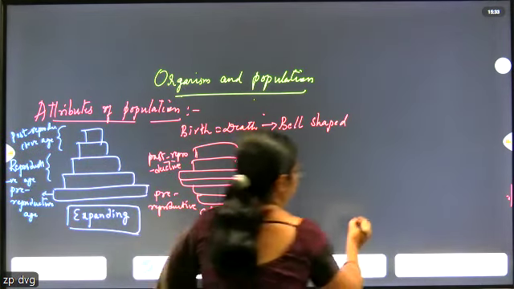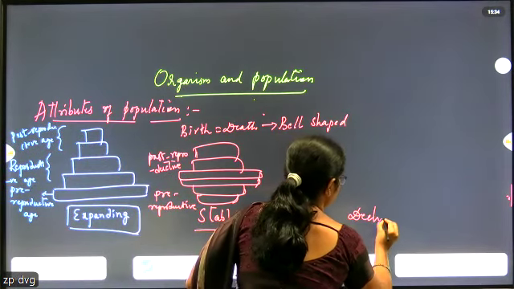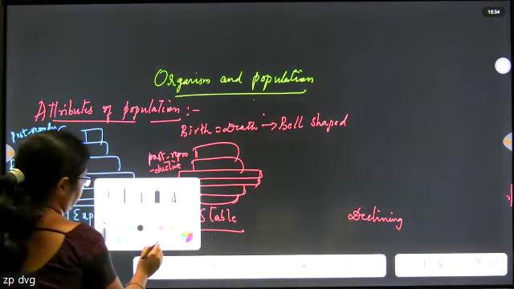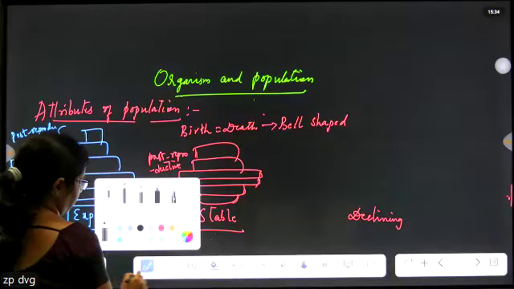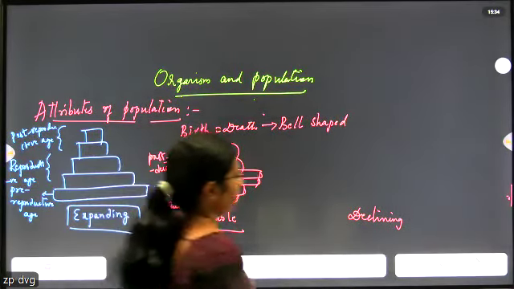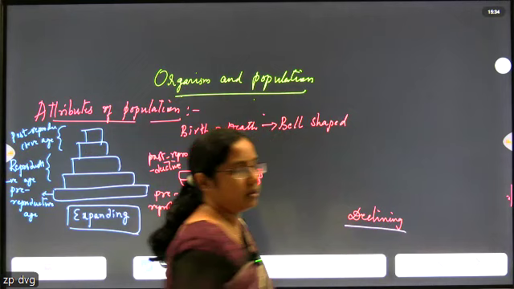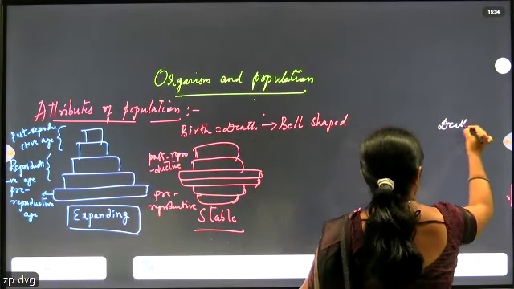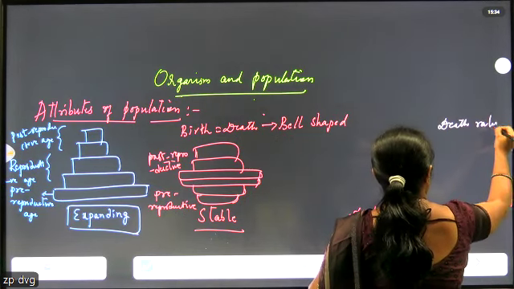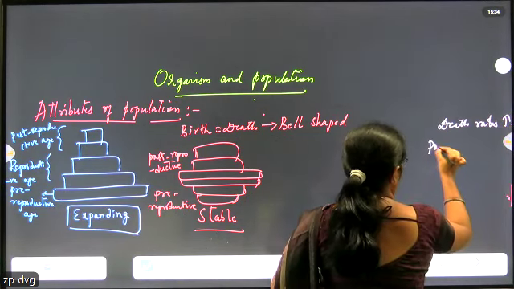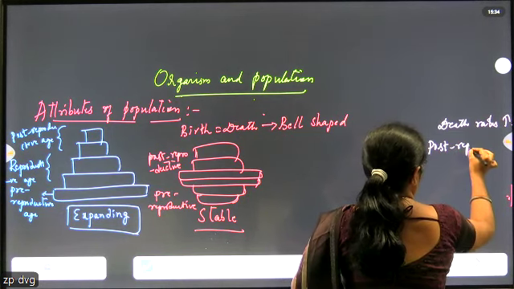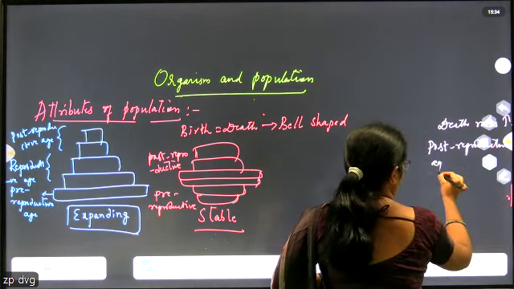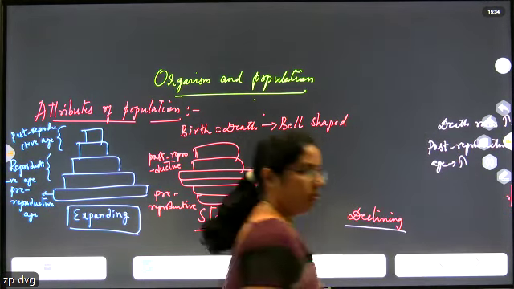And when we come to the last type, that is called declining. In case of declining, the death rates are more, and post-reproductive age groups are more.